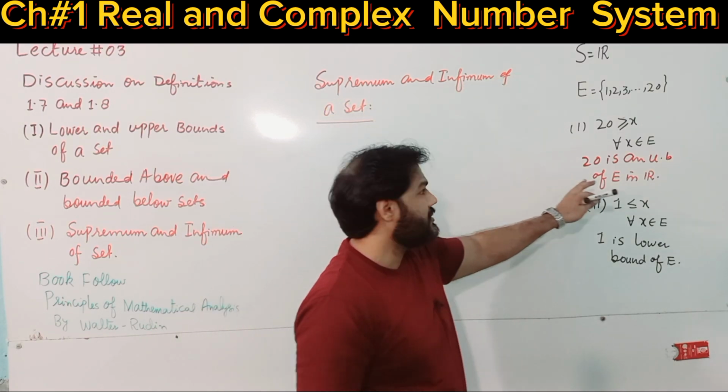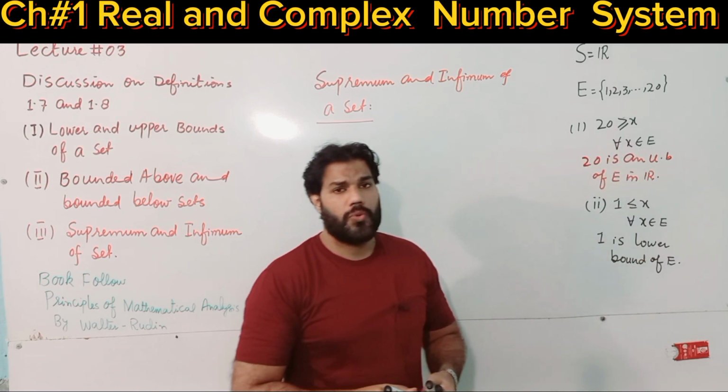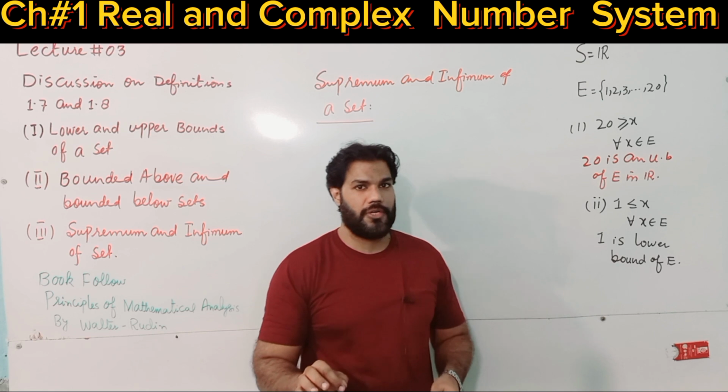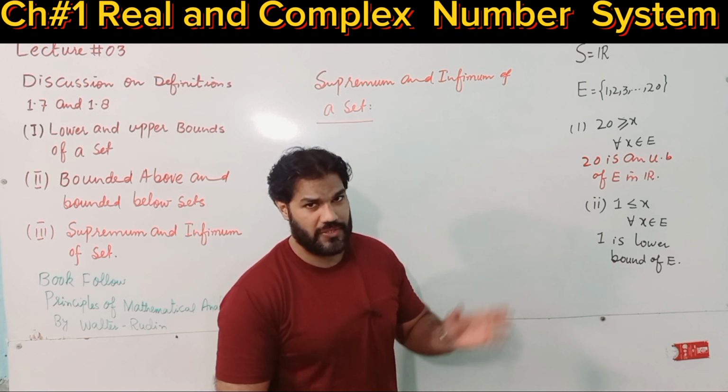In this example, you can see that 20 and every real number that is bigger than 20 is also an upper bound of this set.